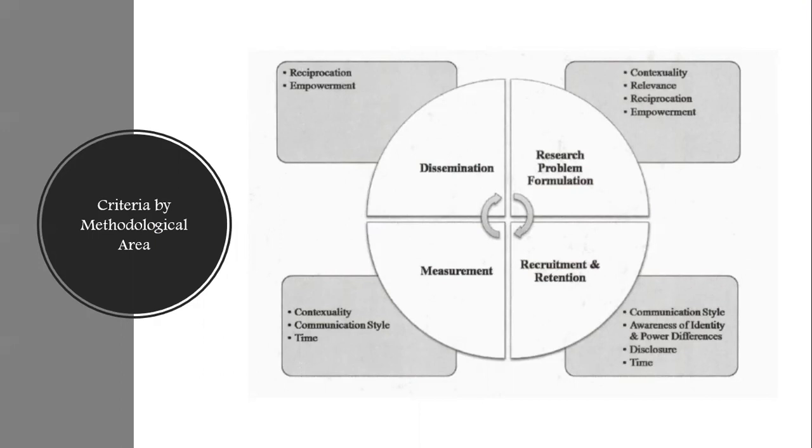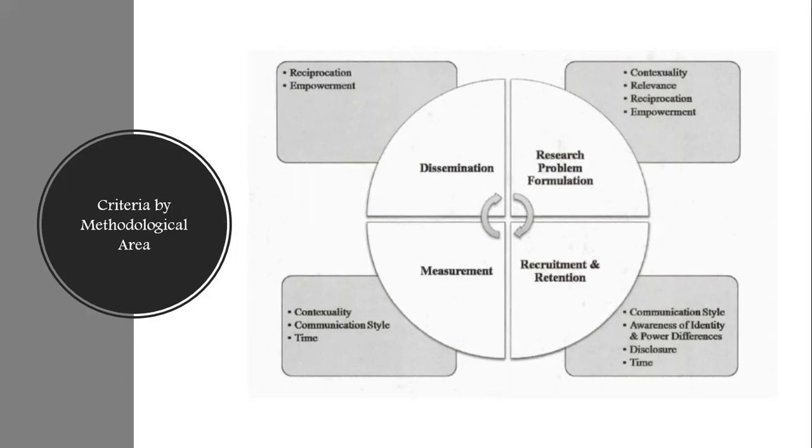We also think about reciprocation. When we are formulating a research problem, we want to be thinking very early on about how studying this particular problem will benefit the community. We also want to think about how studying this problem will empower the community in the end. Getting the answers to the research questions that we're asking, how does that empower the community? Then we want to think about dissemination of our findings.